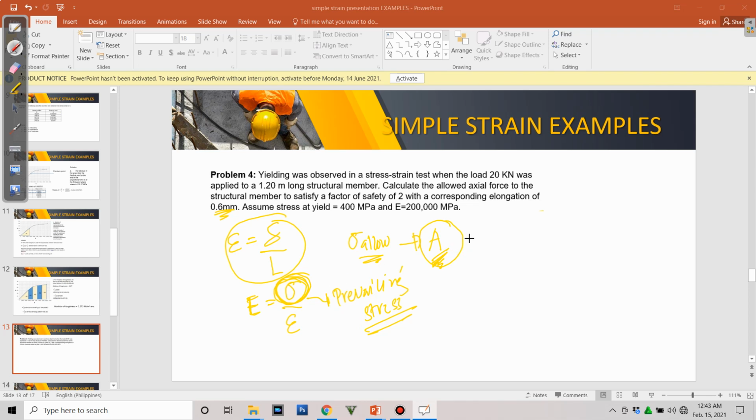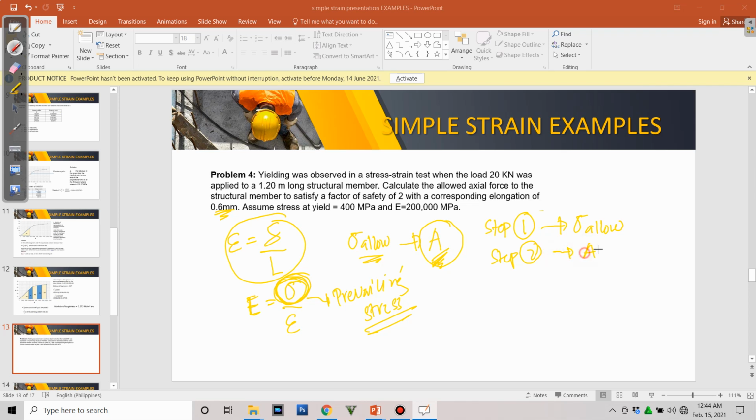So the steps here: first, we need to design the member by sigma allowable. Step 2, what can we get from the sigma allowable?